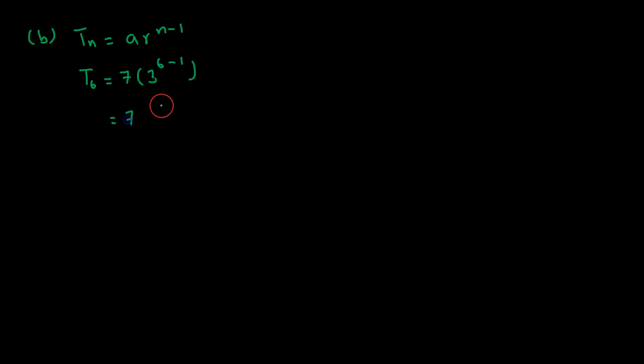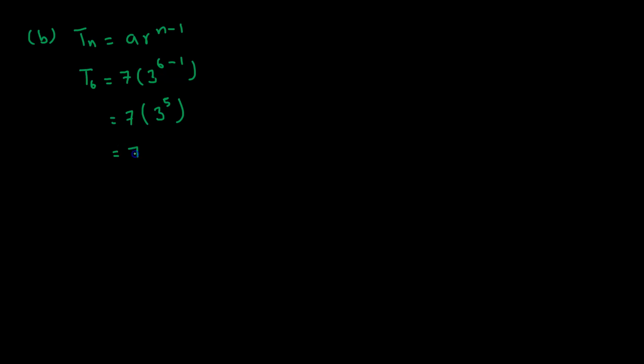So you have 7. Let's work out the powers first. 6 minus 1 is 5. And then, what is 3 to the power 5?